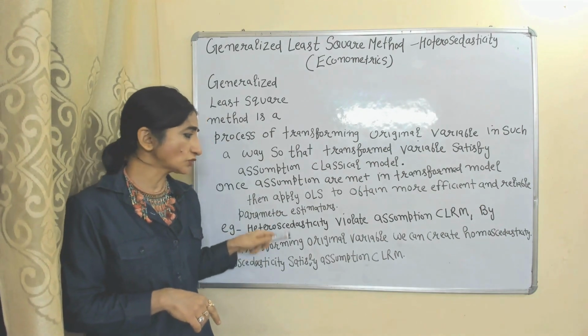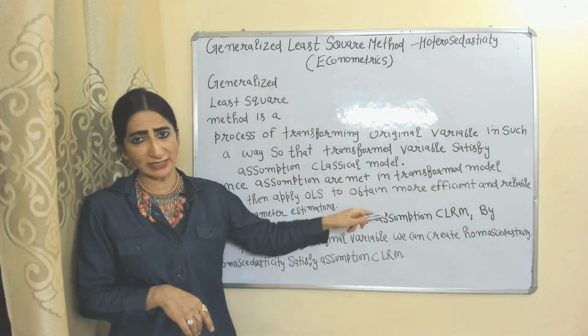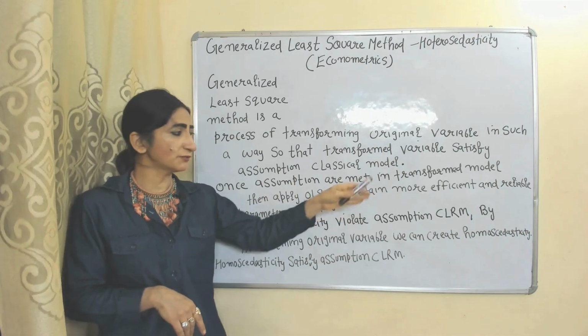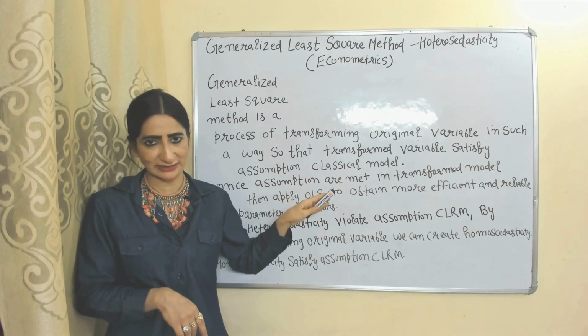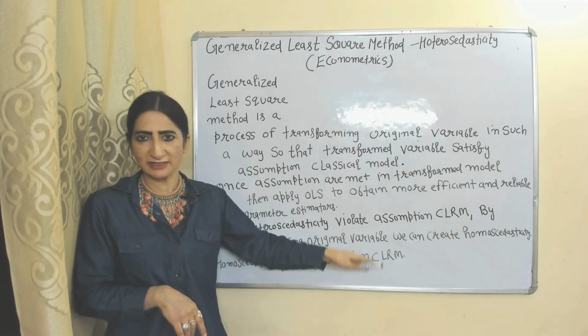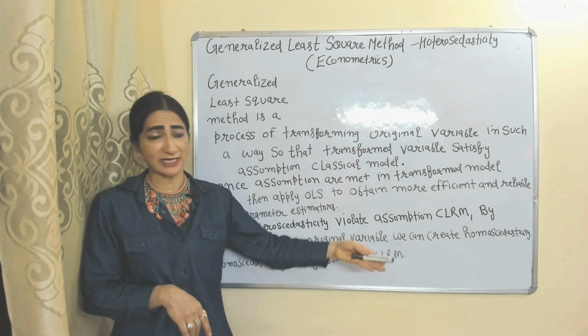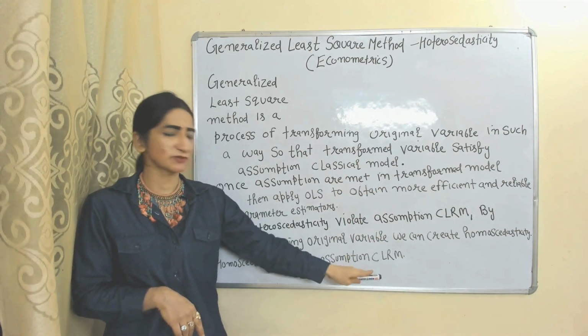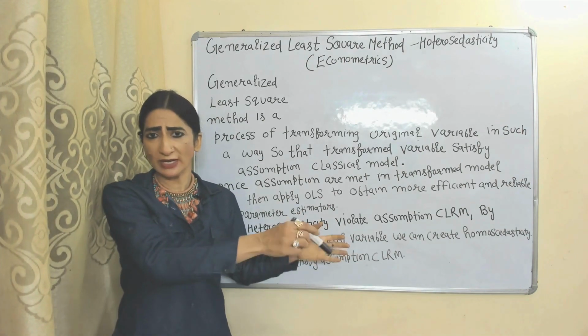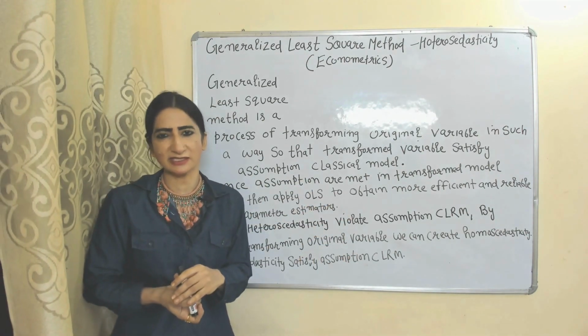As we know, heteroscedasticity violates the assumptions of the classical linear regression model, but by transforming the original variables, we can create homoscedasticity. Homoscedasticity is a core assumption of the classical linear regression model. Now we can easily apply OLS in order to receive efficient results.